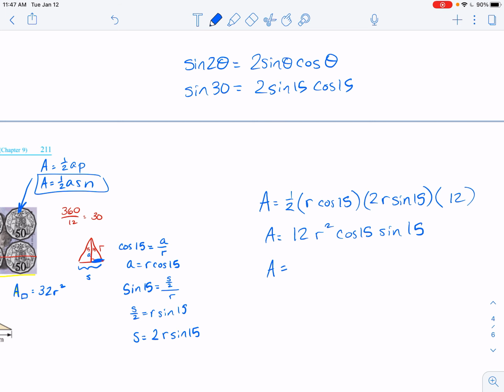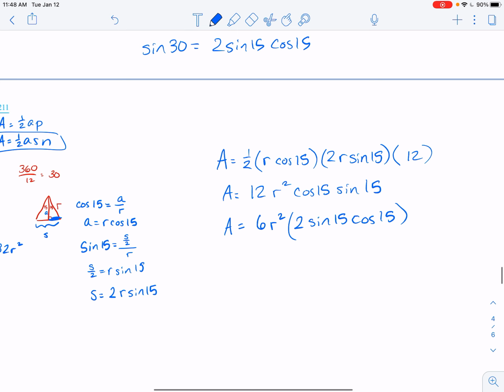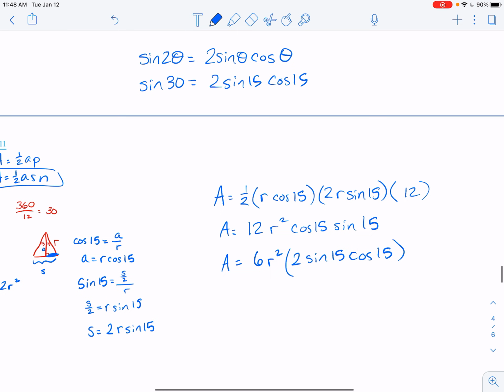So this 12, I can think of as 6 times 2. And 2 sine 15 cosine 15 is equal to sine of 30 because of that property. I'm going to teach it to you later, so hold tight.